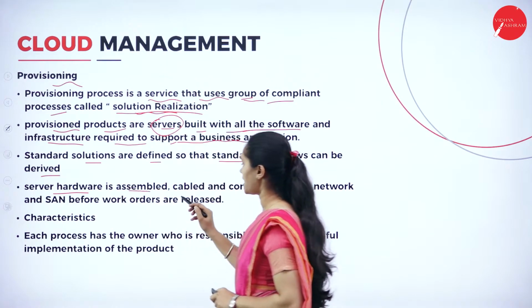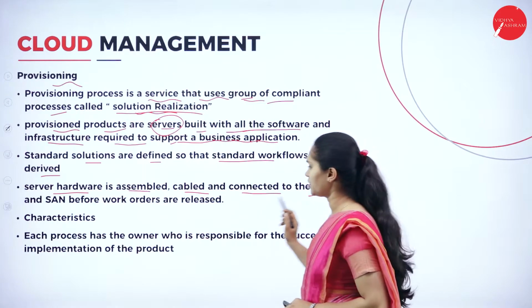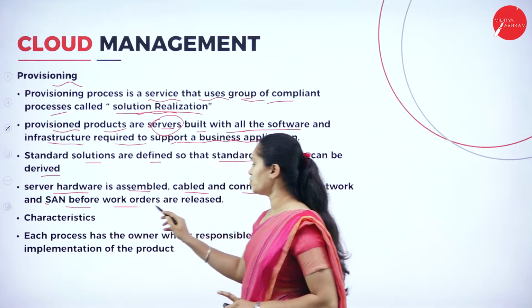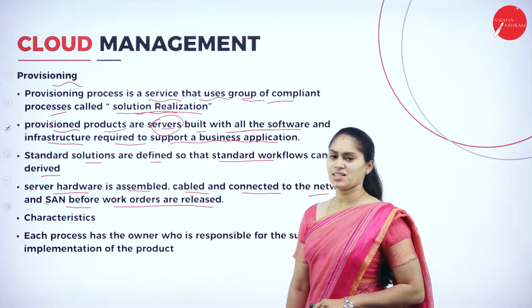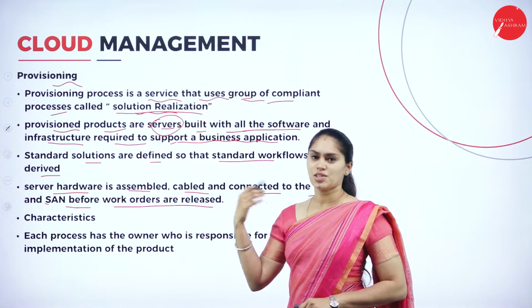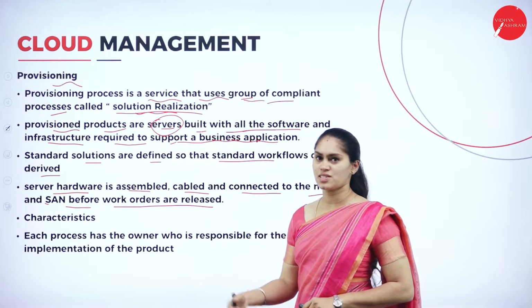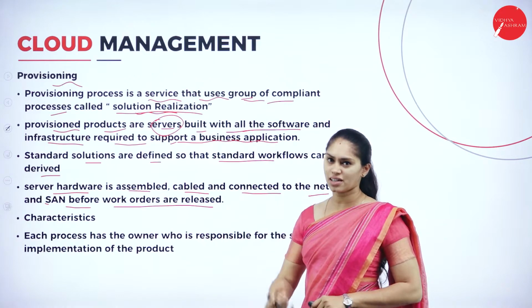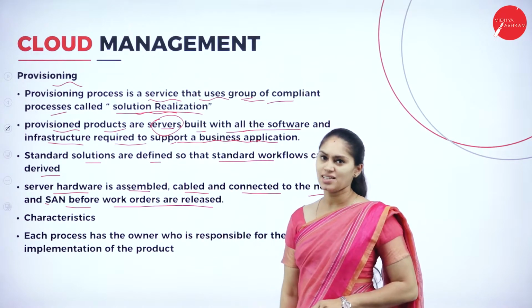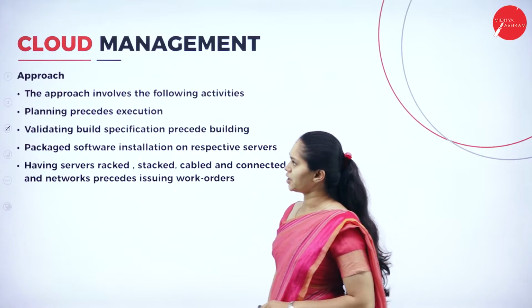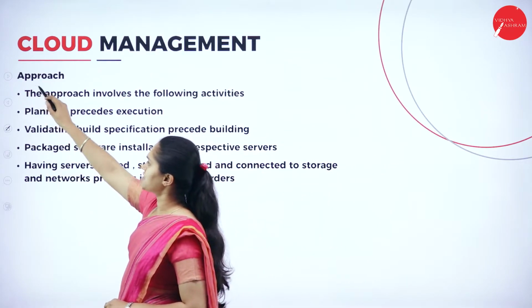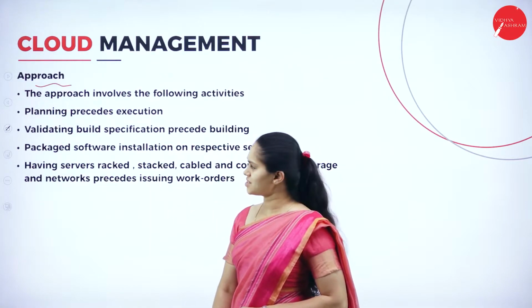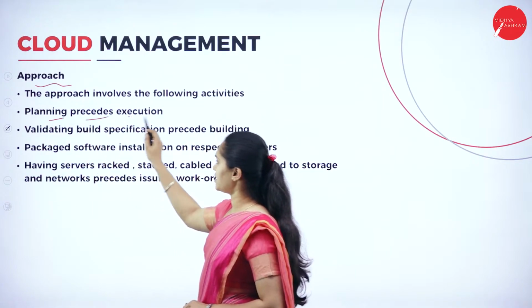Server hardware is assembled, cabled and connected to the network and SAN before work orders are released. That means everything is ready to use, so we just need to get that service. So in terms of network or automation, everything is available all the time. And it also provides some opportunity related to planning: planning precedes execution.